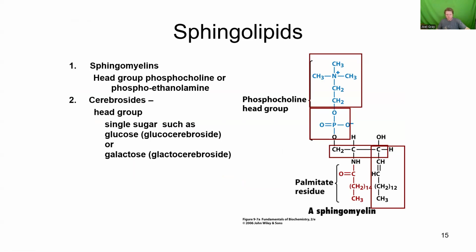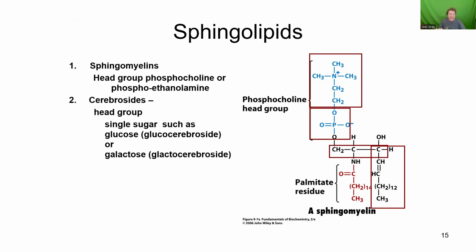And these cerebrosides get metabolized in different ways. There are lots of genetic disorders associated with problems in the degradation of those.